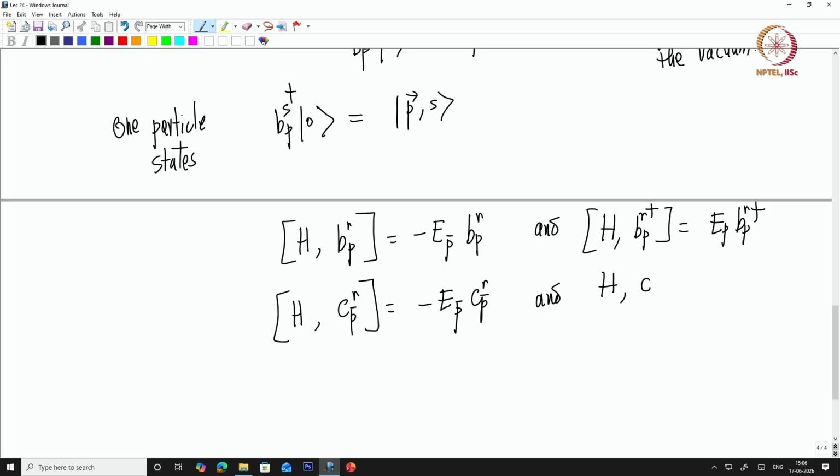And H of C_p dagger acting on spin r is equal to E_p C_p dagger r.